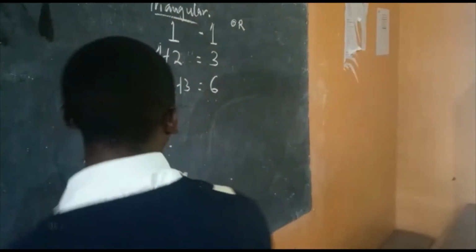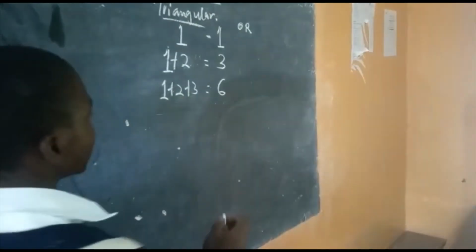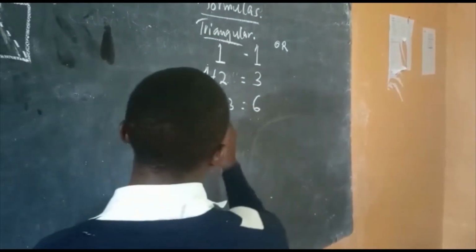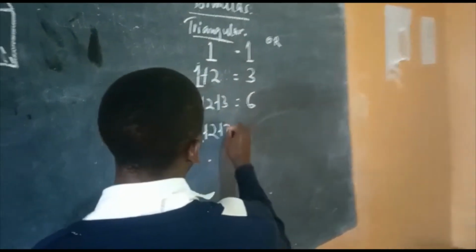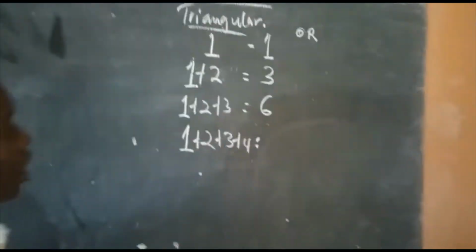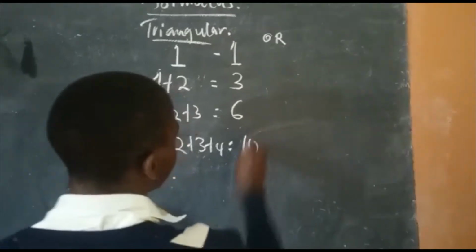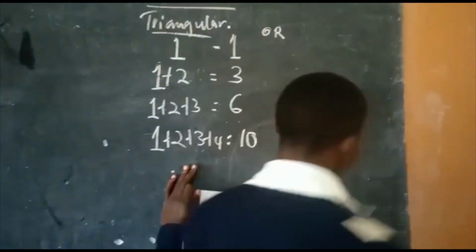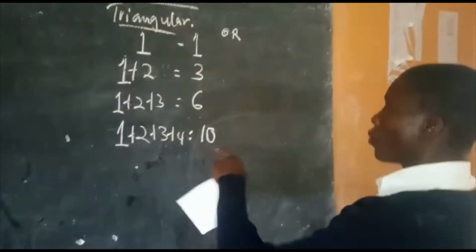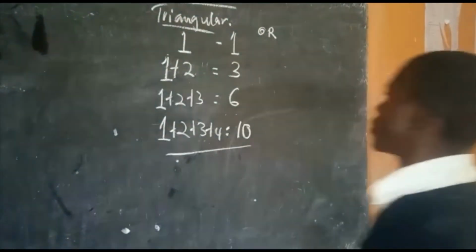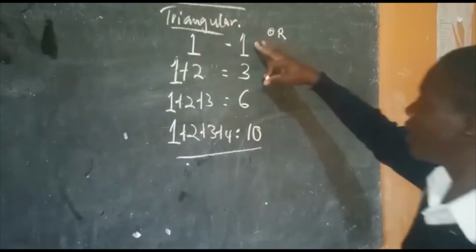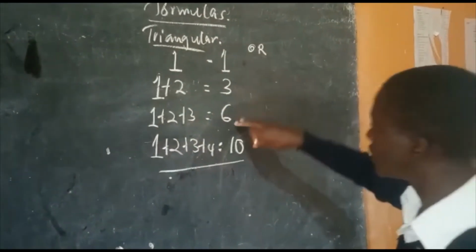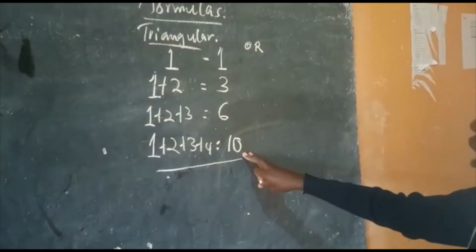In the fourth step, I will have the first 4 counting numbers added like this, to obtain 10. When I reach this step, I observe that 1, 3, 6, and 10 are my triangular numbers.